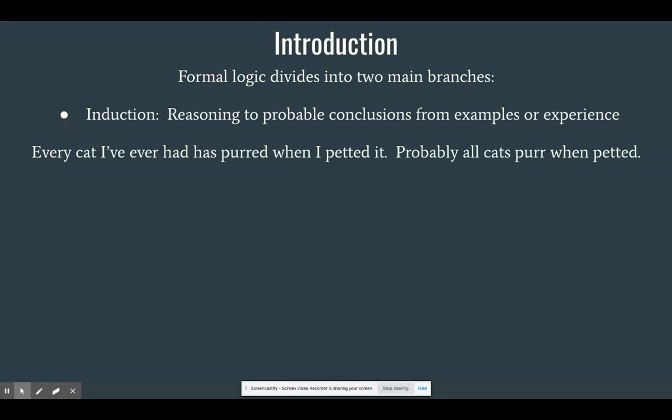Now, this is a made-up example, but there's actually a real example that's kind of humorous and just shows you how dumb people are. For a while, people thought that every swan was white. Do you know why they thought every swan was white? Because every swan they had seen was white. And therefore, they said it is most likely that all swans are white. But then one day, what did someone see? A black swan.